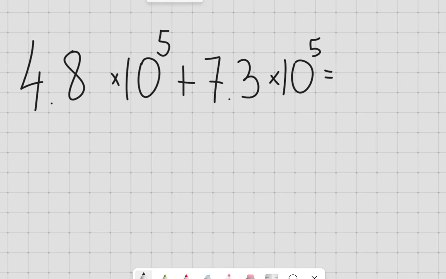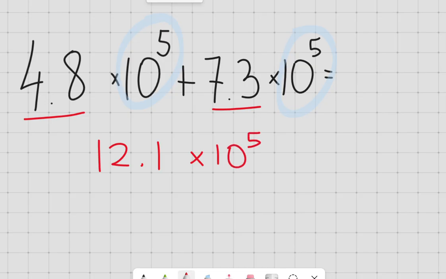All right. Do we have the same exponents? Yep. Then it's good. Then it must be easy, right? What we do, we add the numbers. 4.8 plus 7.3, that will be 12.1. Multiply that by 10 to the power of 5.